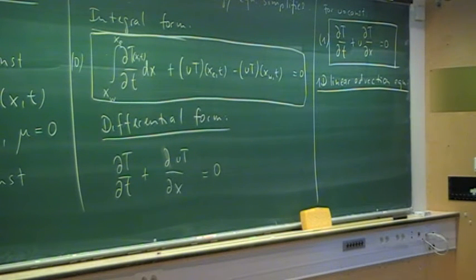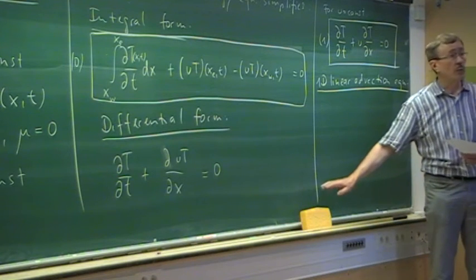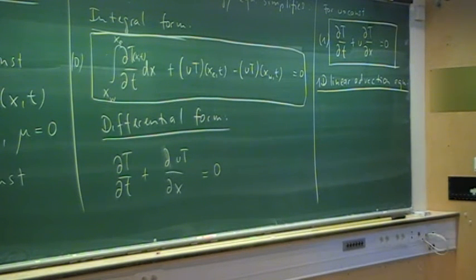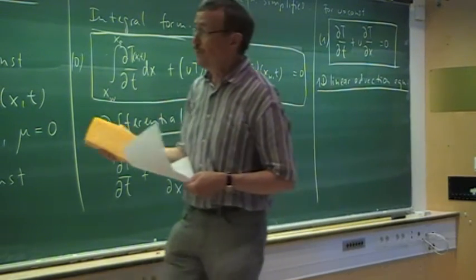Sometimes it's also called the 1D linear convection equation. There are different names for it, but that is probably mostly used. So what do we have in general? It is like we had also for the heat conduction problem. In general, we have initial and boundary conditions that we have also here.